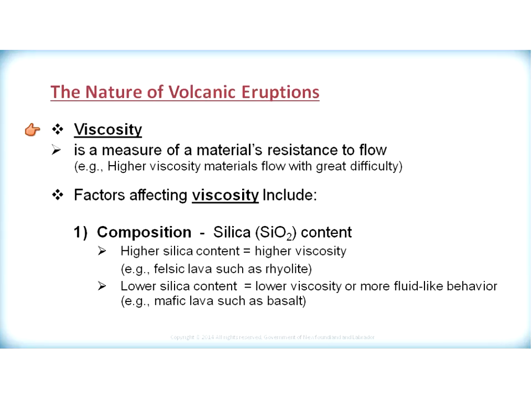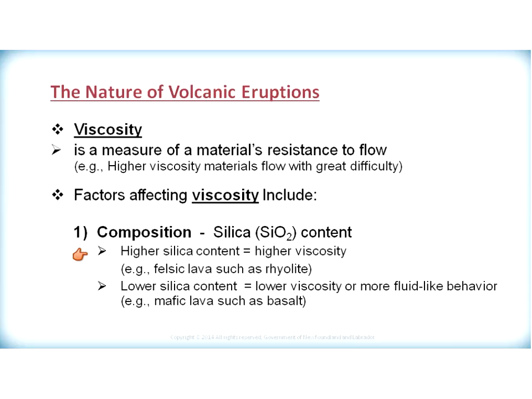So let's now look at some of the factors that affect viscosity. Viscosity is influenced mainly by its composition, and the composition relates directly to the amount of silica in the magma. If the silica content is high, the magmas will tend to have a higher viscosity.